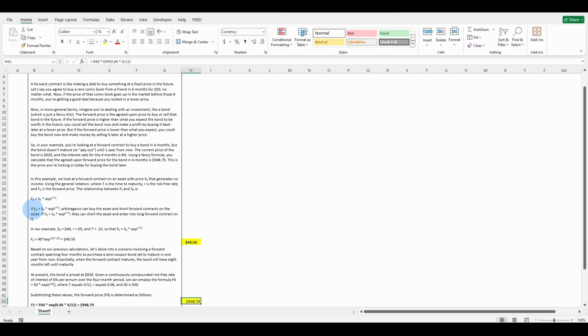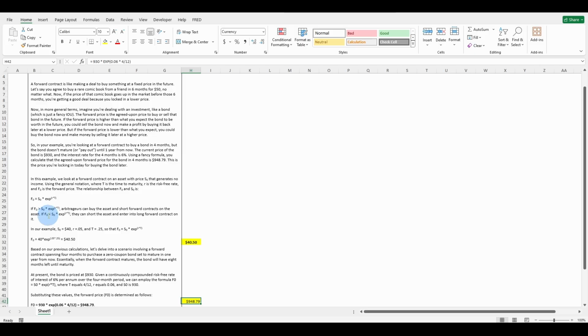If the forward price, and I said if this 948 goes up, is greater than S0 e^(rT), arbitrageurs can buy the asset, so they buy the bond, and short the forward contract, this 948.79.